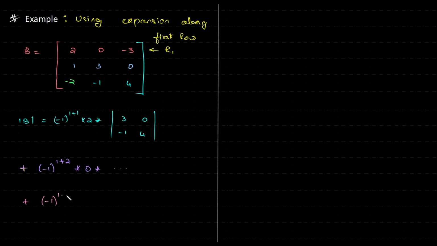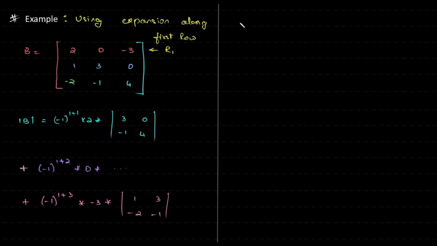Minus 1 to the power of 1 plus 3. This is minus 3 into the magnitude of 1, 3, minus 2 and minus 1. Is that correct? So ignoring the first row and the last column.